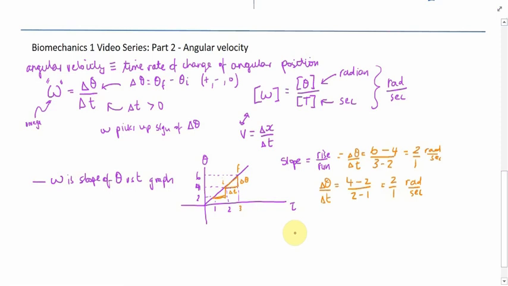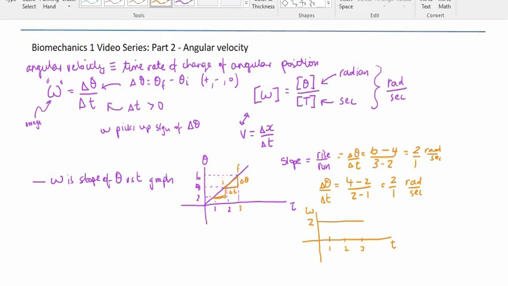If I had to plot the data that I've just calculated on an angular velocity versus time graph, at 1 second, at 2 seconds, and at 3 seconds, you would find that it is constantly staying at the 2 radians per second mark.